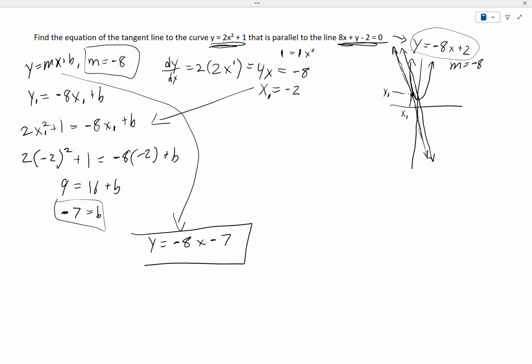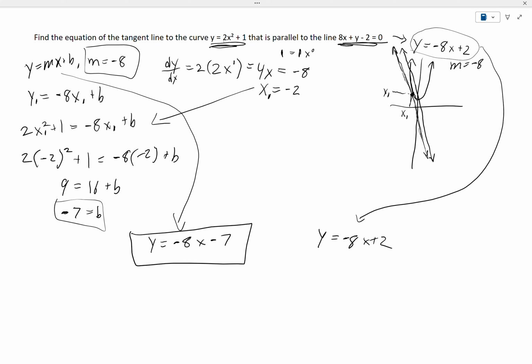So that is this equation, rather the straight line that I graphed over here. And just looking at it, comparing it to this, y equals -8x plus 2, you can see that they have the same slope, which is good.